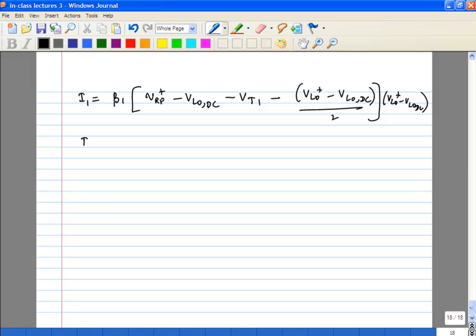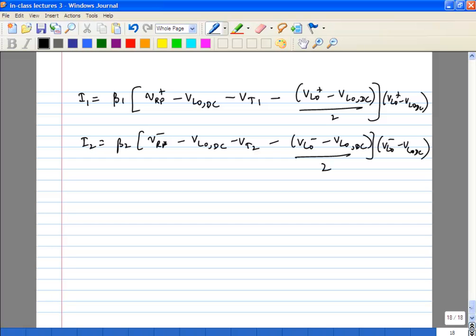Okay, similarly you can write I2, so it will be VRF minus, okay, and similarly you can write I3 and I4 in terms of the currents and voltages.